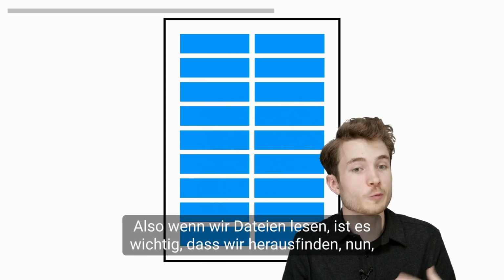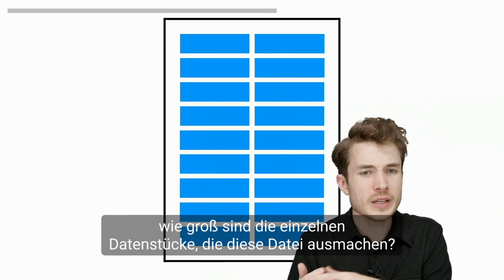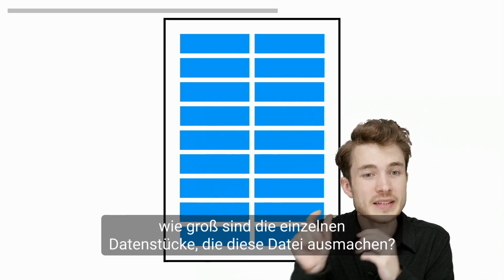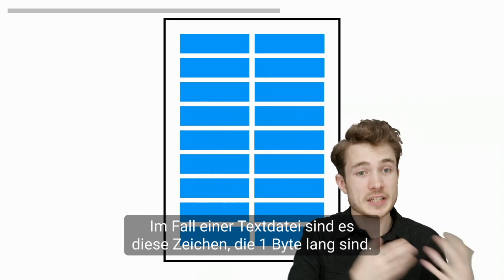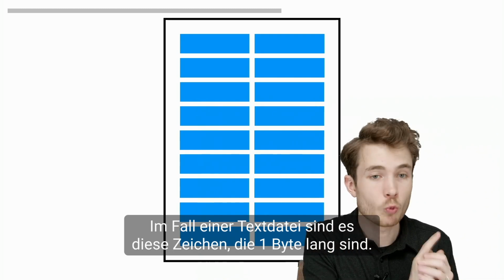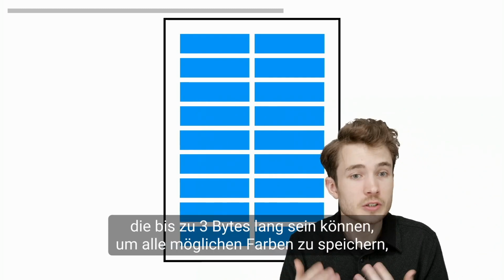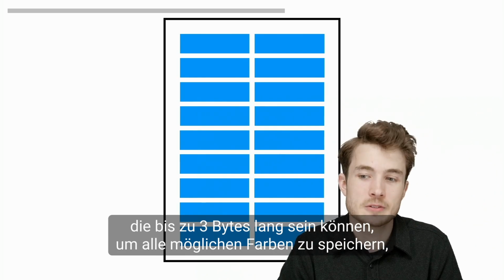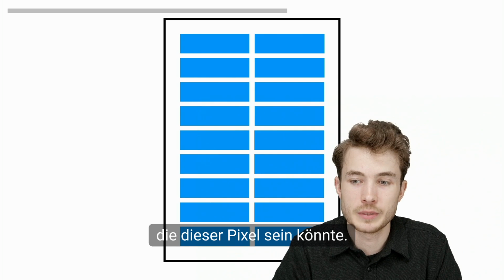So as we read files, it's important we figure out, well, how big are the individual pieces of data that make up this file? In the case of a text file, it's those characters that are 1 byte long. In the case of an image, though, it's those pixels that could be up to 3 bytes long as well, to store all the possible colors that pixel could be.